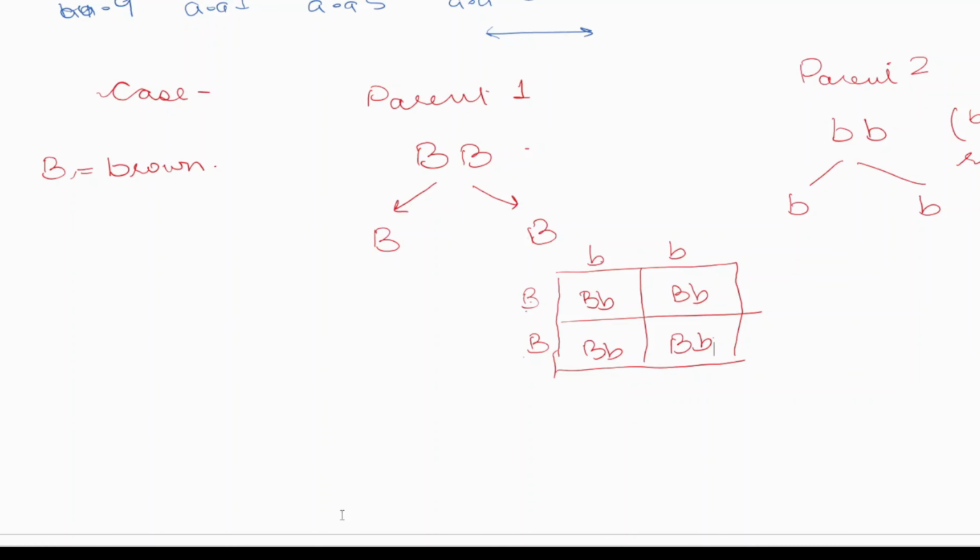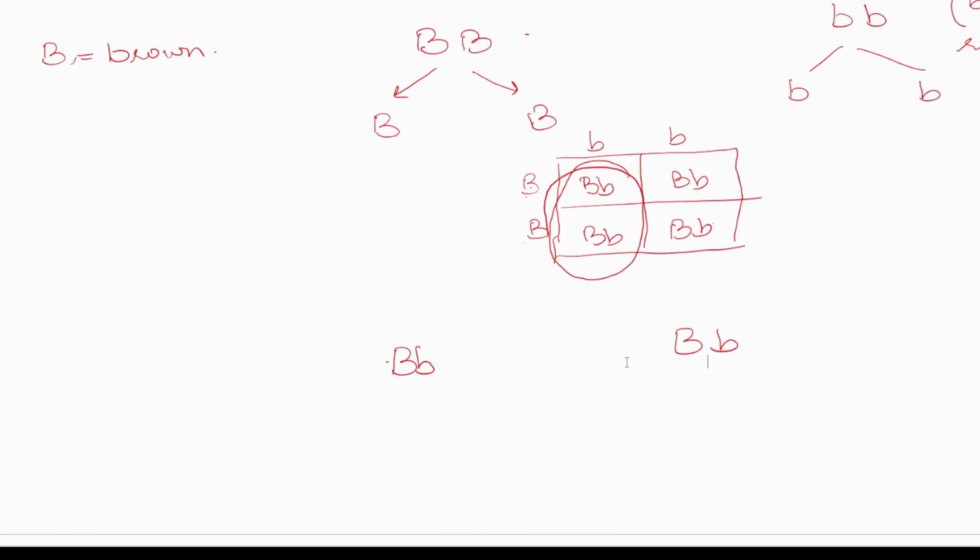I'm giving you case number 2. Let's have a mate between these two. Capital B small b, capital B small b. A cross between two.